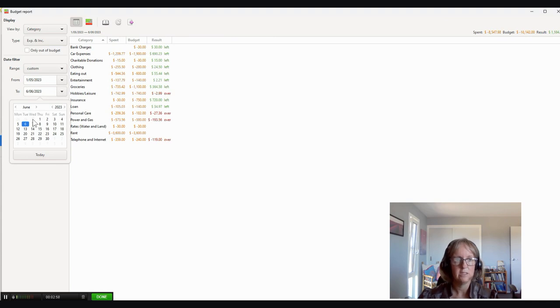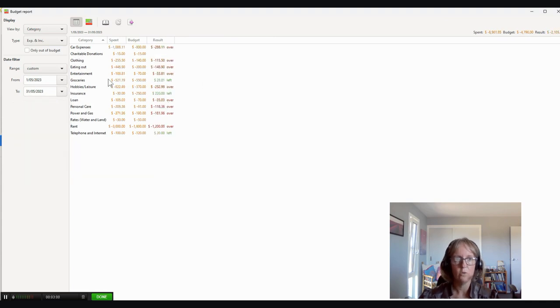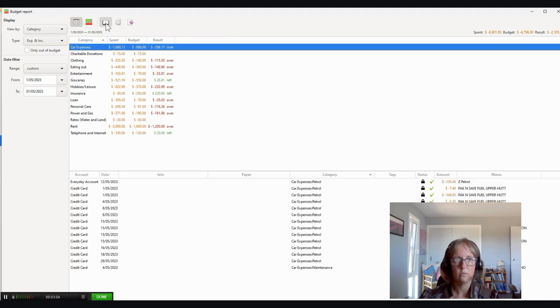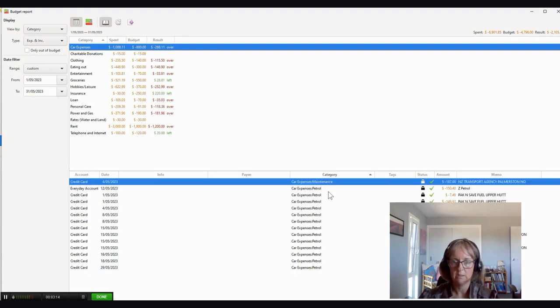So back into the budget report, and now we can see that car expenses is more reasonable, especially when we look at what's happened and see that, yes, remember we had just petrol in that month, except we had some maintenance. So if we take 187 or a couple of $100 off that, then we can see that we are within cooey of our budget.